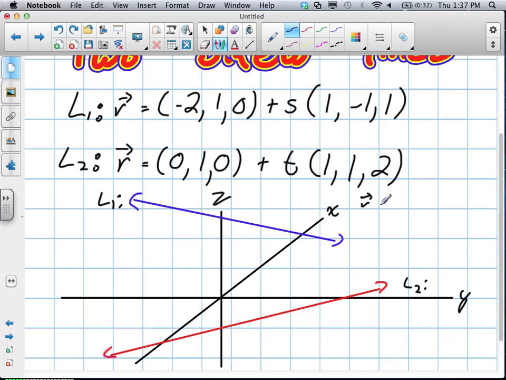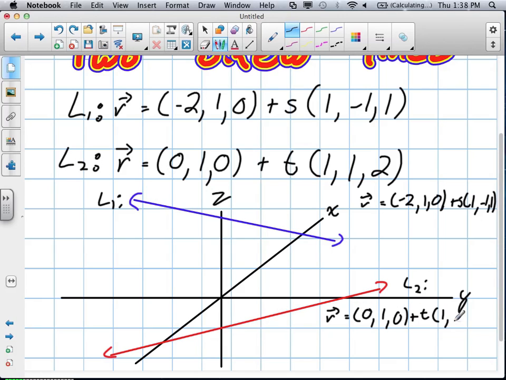Let's put the whole thing out here. (-2, 1, 0) plus S(1, -1, 1). Okay? And the other equation for our other vector was R equals (0, 1, 0) plus T(1, 1, 2). Okay? These direction vectors are very important because they're going to help us create parallel planes to each other.